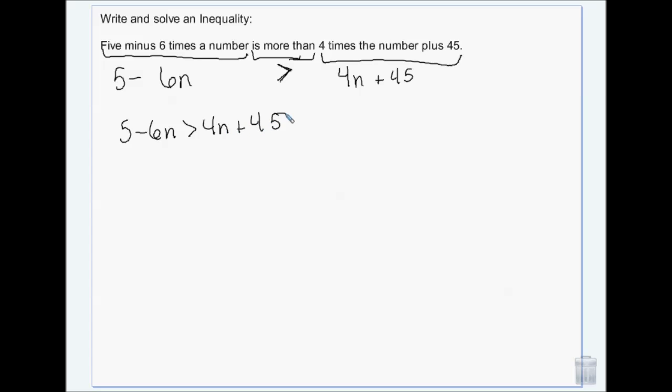Okay, so now I have variables on both sides of the inequality. Do I want to move my 6n over with my 4n or my 4n over with my 6n? Move the 4. Okay, so we're going to subtract 4n from both sides. Which gives me 5 minus 10n is greater than 45. And I gotta get rid of this 5, and it's positive, so I'm gonna subtract it from both sides.